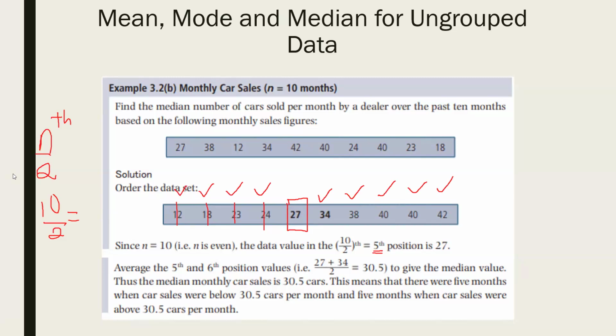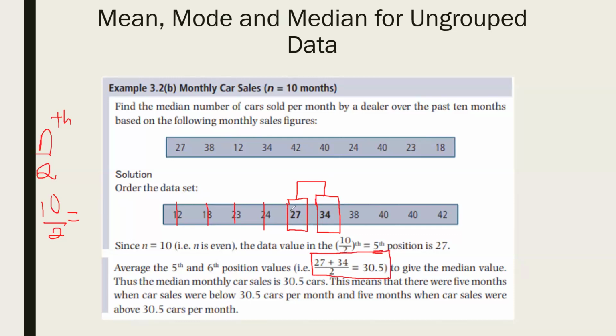All right, so let's do that step. Now that we have identified this position, we need to identify the next position after this position, which is this position here. So what you do is you find an average of these 2 positions. You take this value 27, you take this value 34, you add them together, you divide them by 2, which is what we did here.